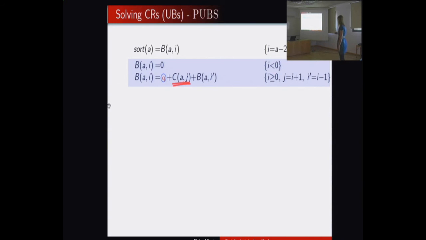Then we replace the result in the equations that call C. So now we get an equation like this one. This is the cost of the inner loop, the linear cost that we have substituted in the relation for the for loop.